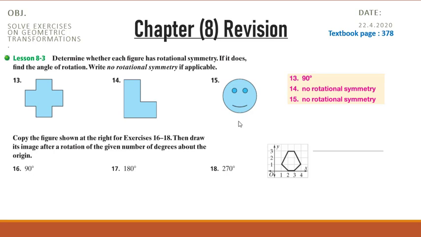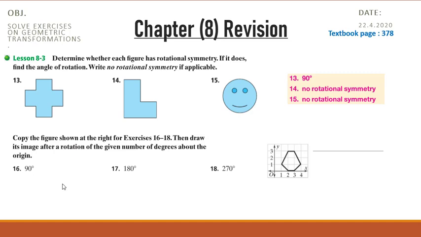And if you think I can rotate 180, for example, to get the same figure again, if you rotate this 180, the eyes will be down and the mouth will be up, right? So to come back to the same place, you should do 360. In this case, this is not rotational symmetry.